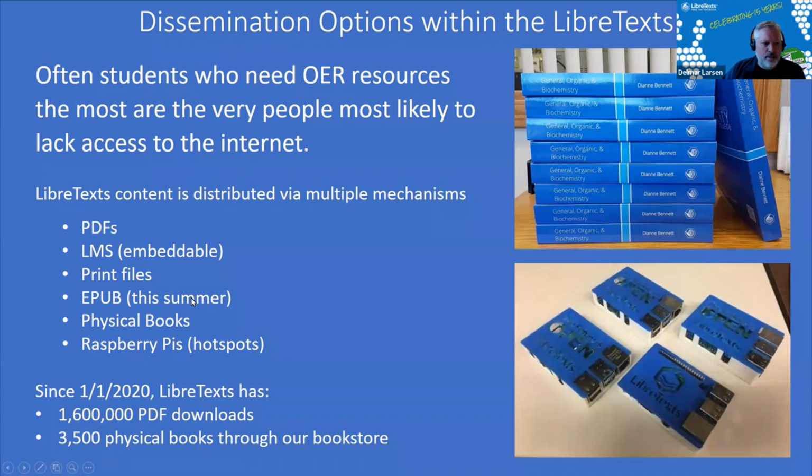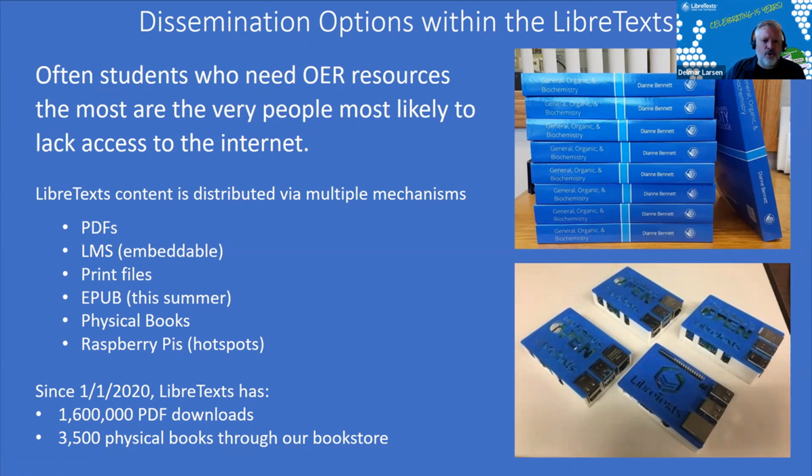That's not just print on demand, but it's almost operating at cost. We can upload our libraries into Raspberry Pi boxes, so LibreTexts in a box can be used to access our content completely offline. This was designed to address countries that had limited internet capabilities.